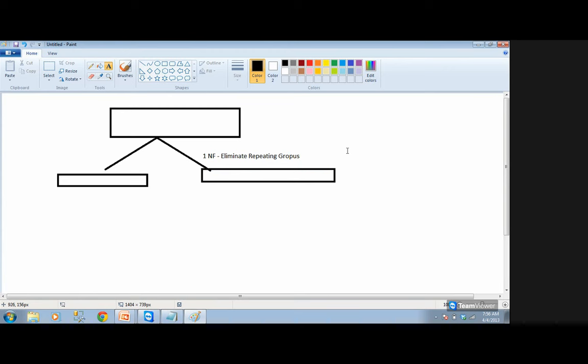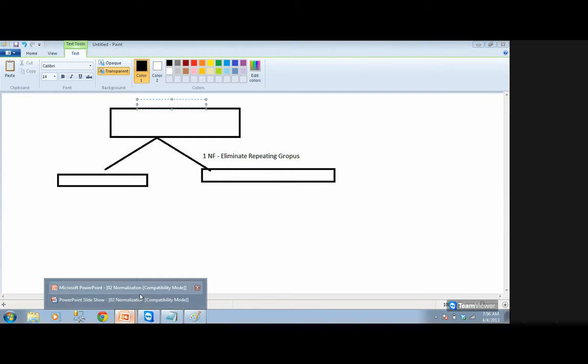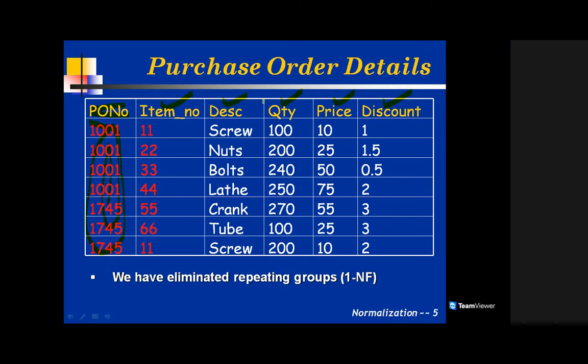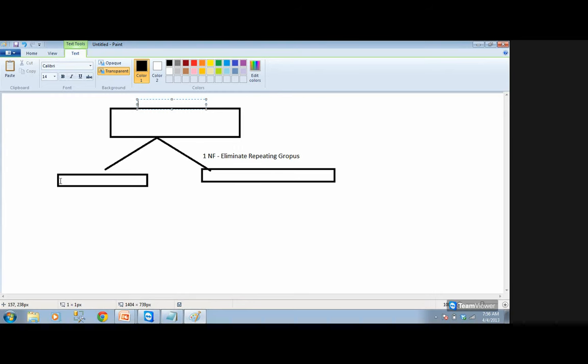So I have eliminated them. When I apply first normal form, I am getting two tables here. So what are the table names? Purchase order details is one table, PO details, and PO master is another table.